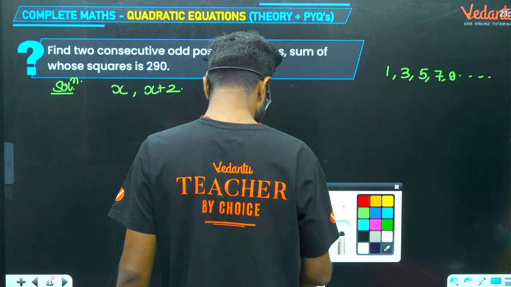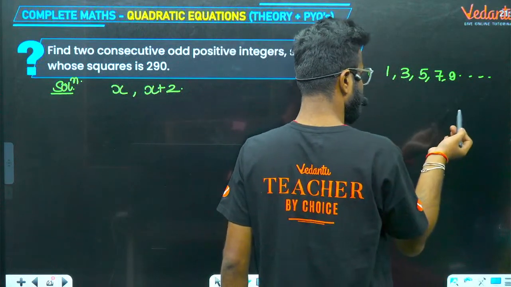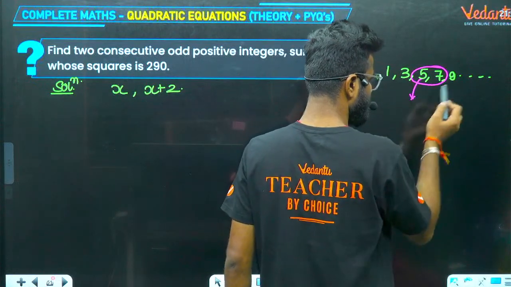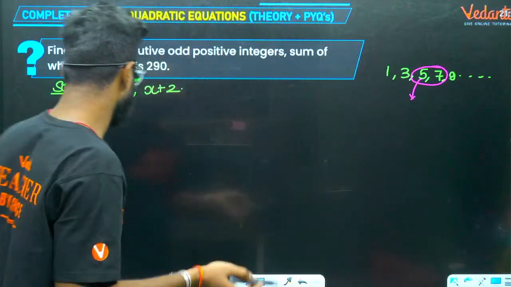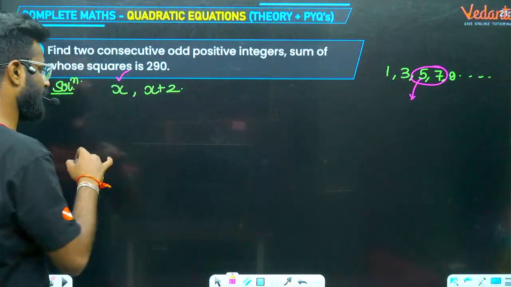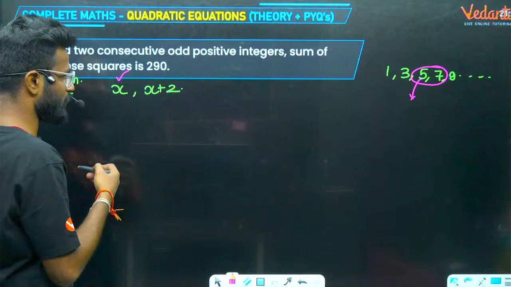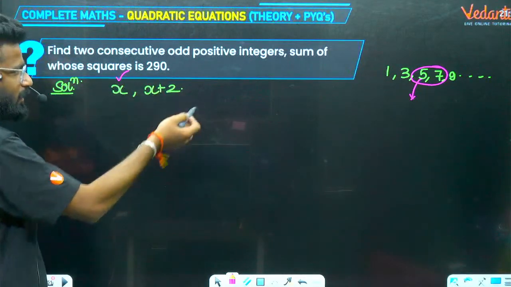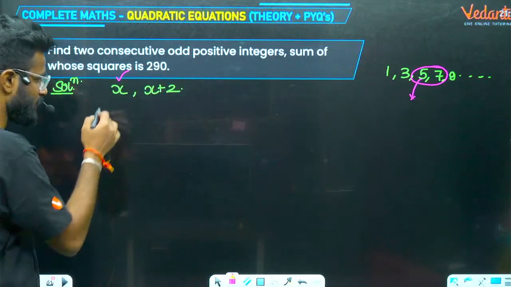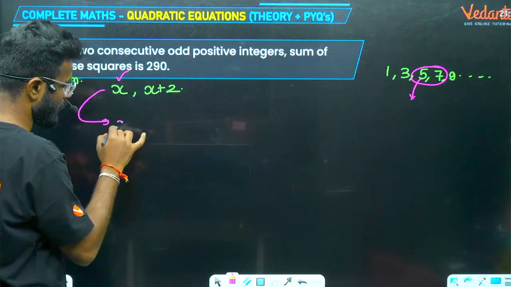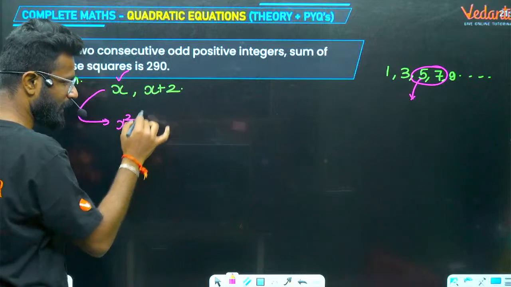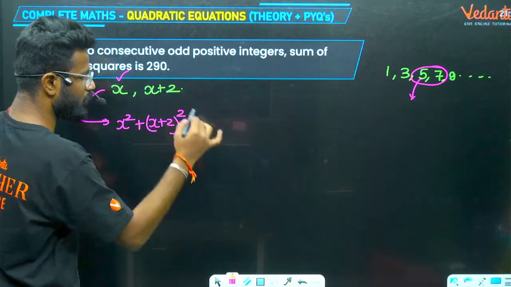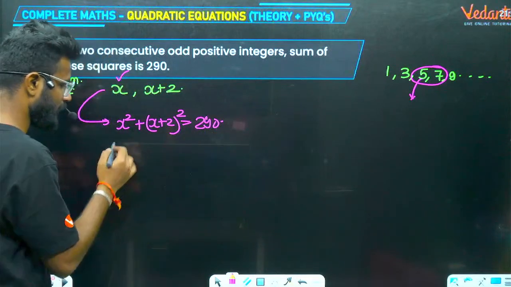If we take any 2 numbers from this pattern, let's say 5 and 7, they differ by 2. So we are taking the 2 numbers as x and x plus 2. Sum of whose squares means x square plus x plus 2 whole square is equal to 290.